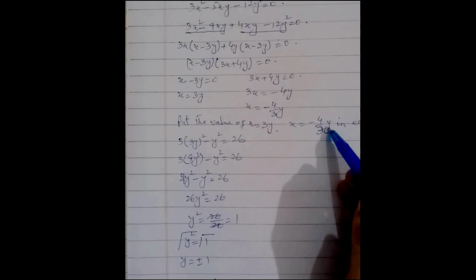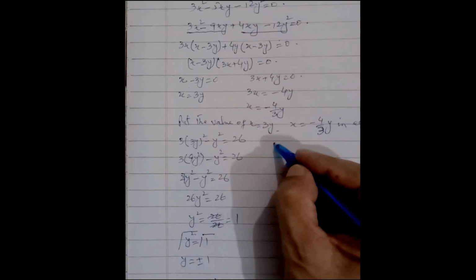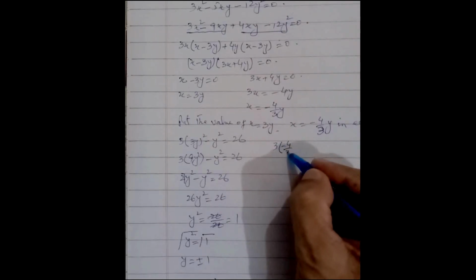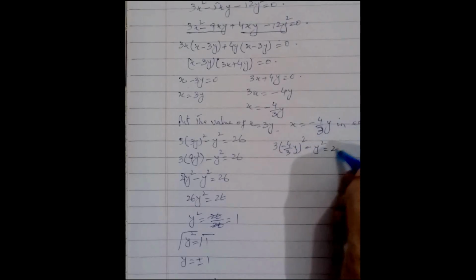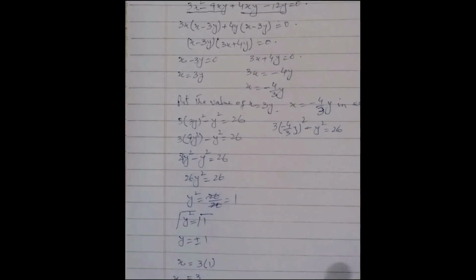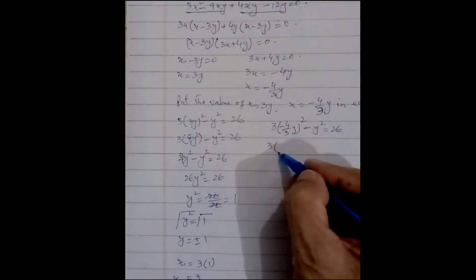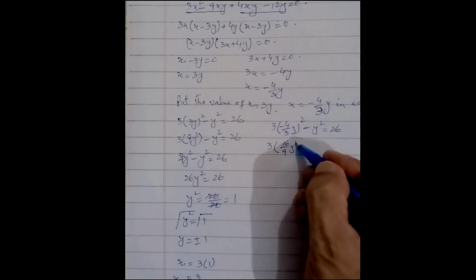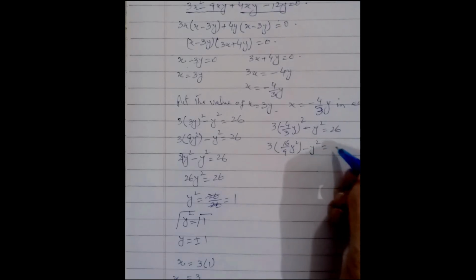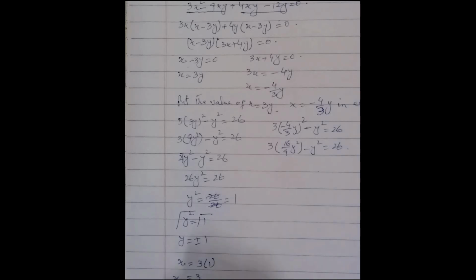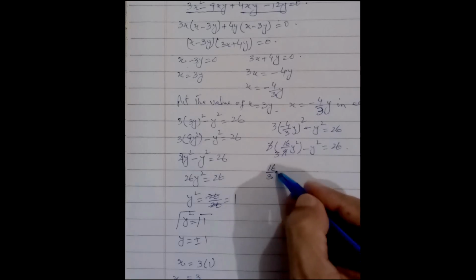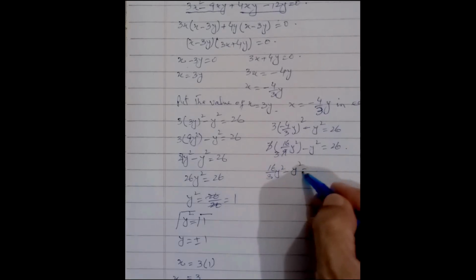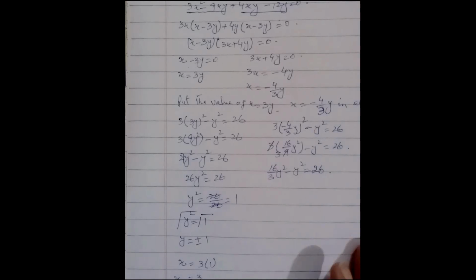And similarly, we solve x is equal to minus 4 over 3y in equation 1, which is 3 times minus 4 over 3y whole square minus y square is equal to 26. Now we simplify these values, we get 3 times 16 over 9 y square minus y square is equal to 26. 3 cancels with 9, we get 16 over 3 y square minus y square is equal to 26.